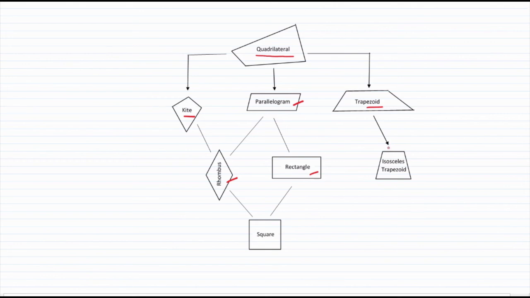In a trapezoid, these are the parallel sides, and from the picture we can see this side is of equal measurement to this side. So this type of trapezoid is called an isosceles trapezoid.